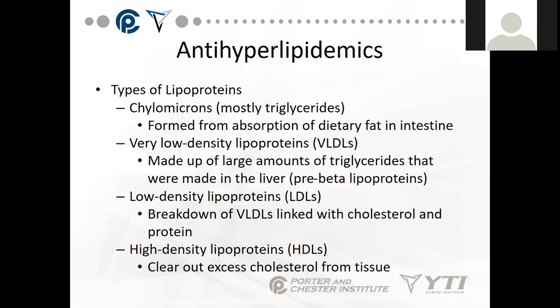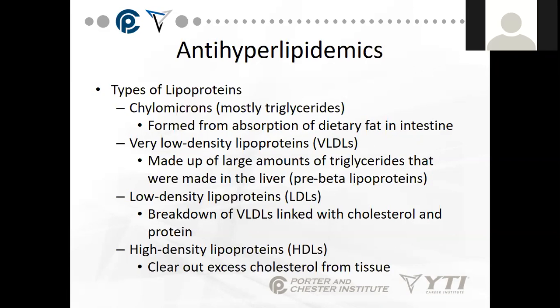So what kind of drugs do you have? You have 5 classes of the antihyperlipidemics, and we're going to look at those. You have the HMG reductase inhibitors, the cholesterol absorption inhibitors, the fibric acid derivatives, the bile acid sequestrants, and the niacins and nicotinic acid.